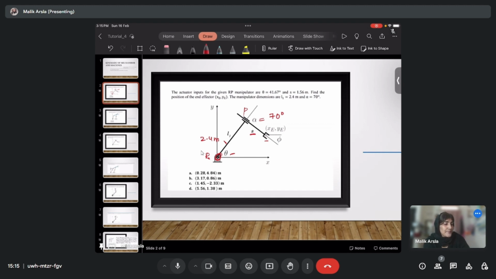Anybody? So how do we do it? Ma'am, we'll find the coordinates of the end effector. Yeah, that is the question, but how will we do it? Okay, let us discuss. Even if you remember the formula, or if you know how to do it, I'll give you a minute. You can try it and tell me what you're getting.